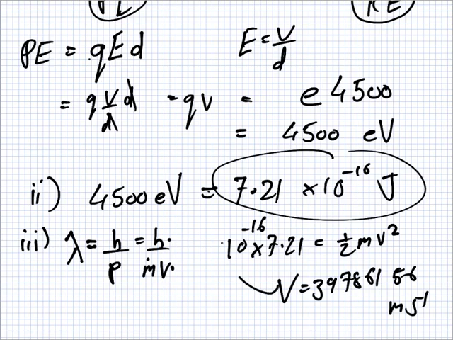So I can pop that in here to get the answer. Which number is H on the calculator? 6. And mass of electron is 3, isn't it? So the answer is 1.828 times 10 to the minus 11 meters.